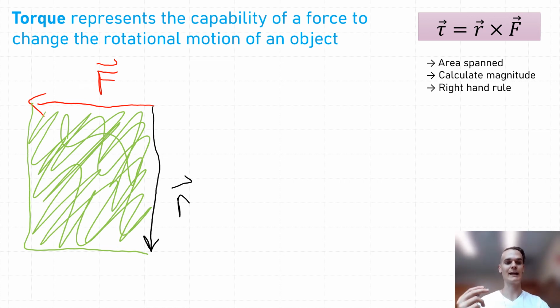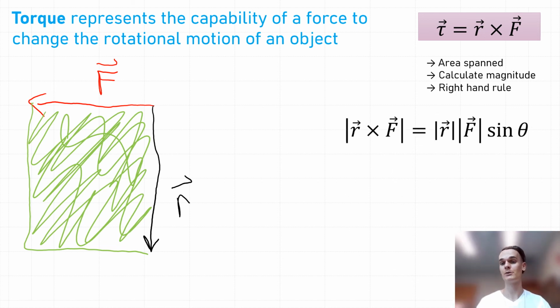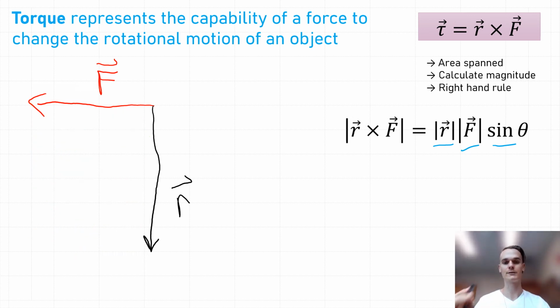So let's go ahead and calculate the magnitude of the torque vector more explicitly. The magnitude of the cross product between these two vectors is equal to the magnitude of the first vector multiplied by the magnitude of the second vector multiplied by sine of the smallest angle between the two vectors whenever they are placed tail to tail.